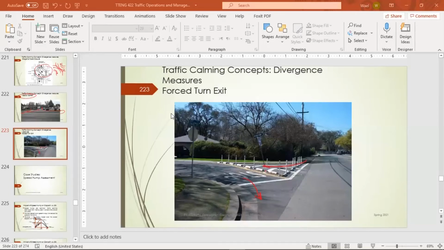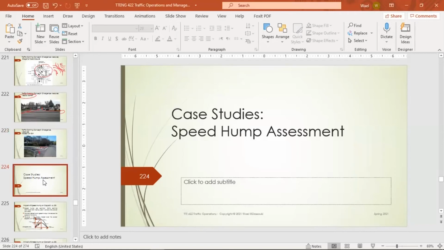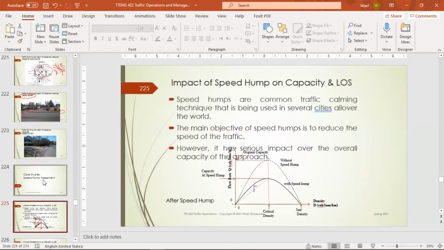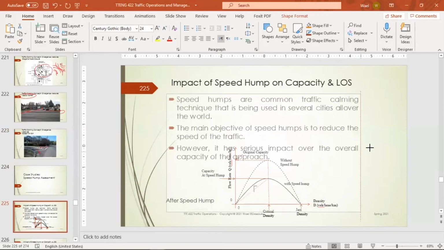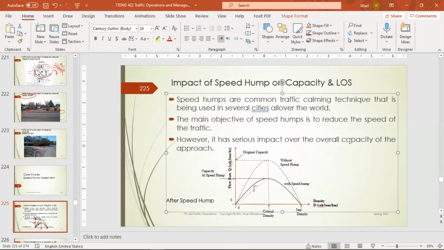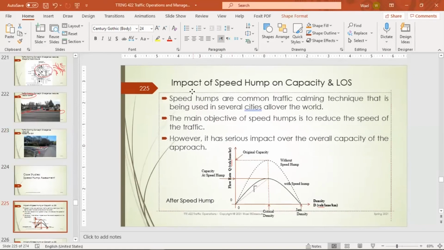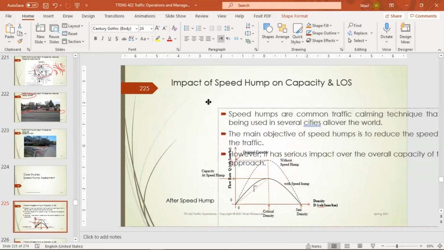So now we are gonna start discussing making an assessment for some of these tools. We're going to start with assessment for the speed hump. How does it impact the capacity of the facility? Speed humps are designed to enforce a certain speed reduction.